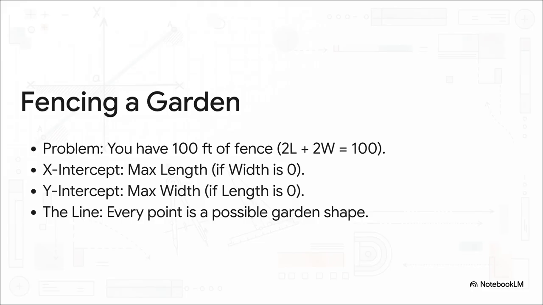The formula for that is 2L plus 2W equals 100. Hey, that's standard form. Now the L-intercept shows the maximum length you could possibly have if the width was 0, so basically just a really long, thin line. The W-intercept shows the maximum width if the length was 0. And here's the cool part. The line connecting them brilliantly illustrates every single possible shape of garden you could build with that 100 feet of fence.